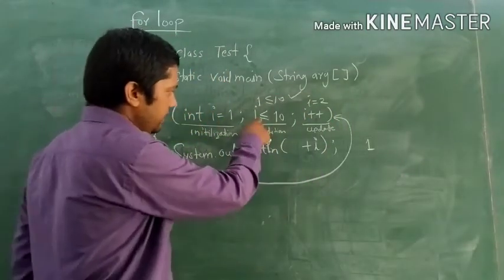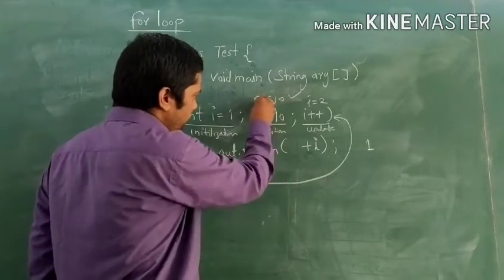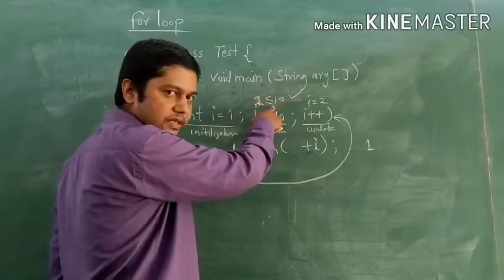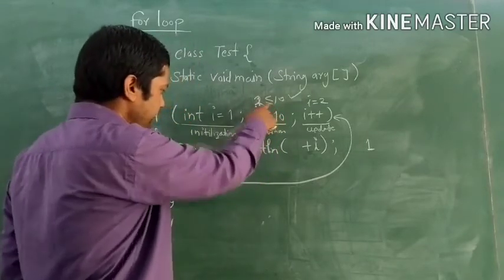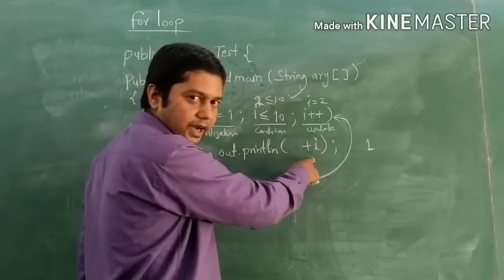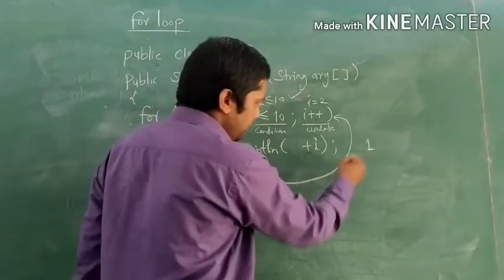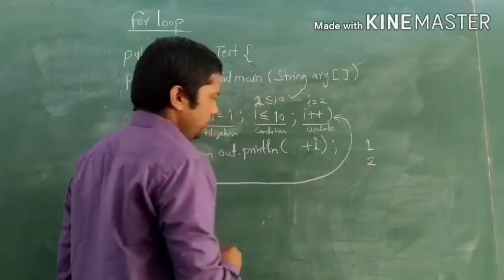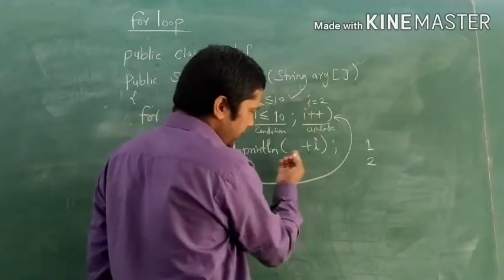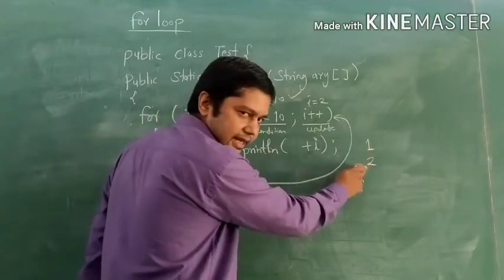Now again the condition will be checked. Is 2 less than or equal to 10? The condition is satisfied, true. Now the compiler jumps here and prints the current value of i, 2. The ln means it will print on the next line.